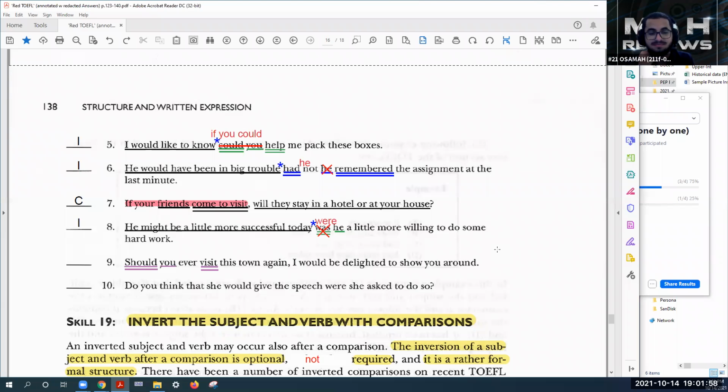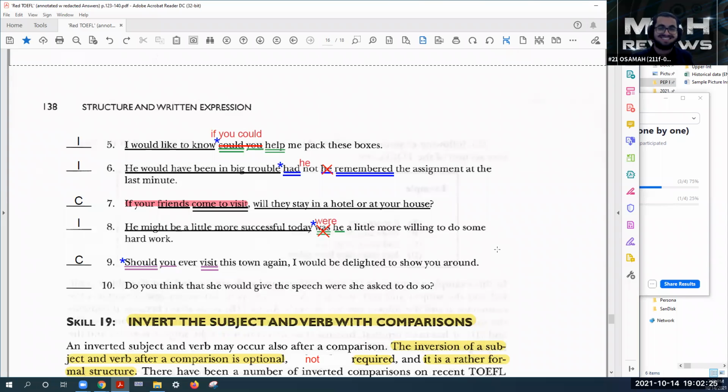And then it's correct because we can say if you should ever visit, and should is one of the 3 words that you give us. And yes, normally if comes at the beginning. This sentence is correct.